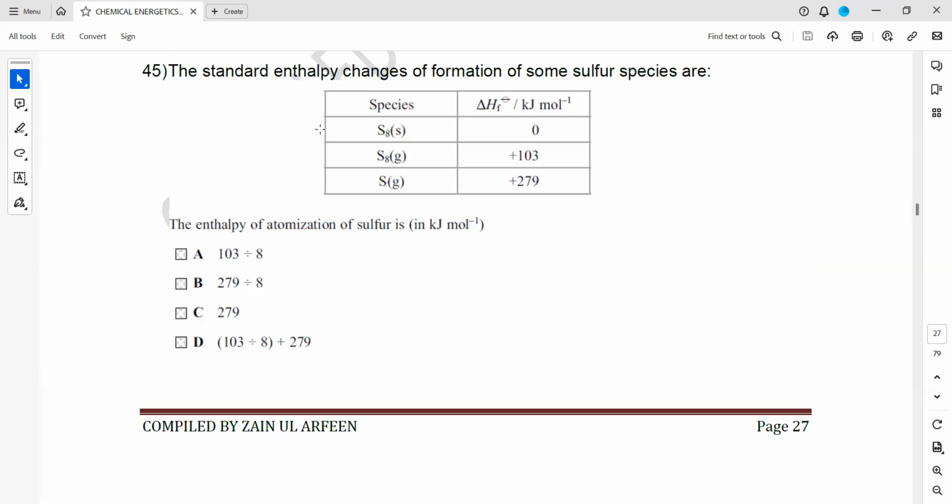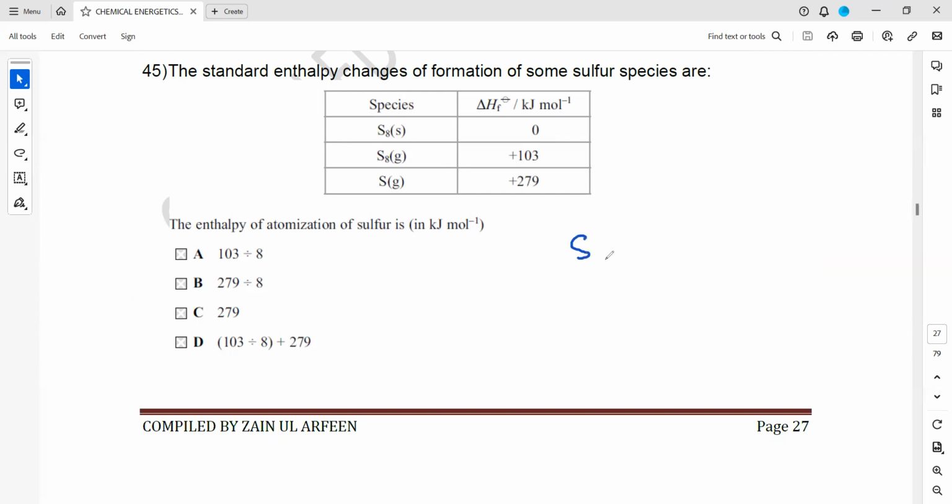The standard enthalpy changes of formation of some sulfur species are: sulfur S8 is given, formation is 0, sulfur in a gaseous state is 103, and sulfur atom is 279. Enthalpy change of atomization. What is the meaning of atomization?